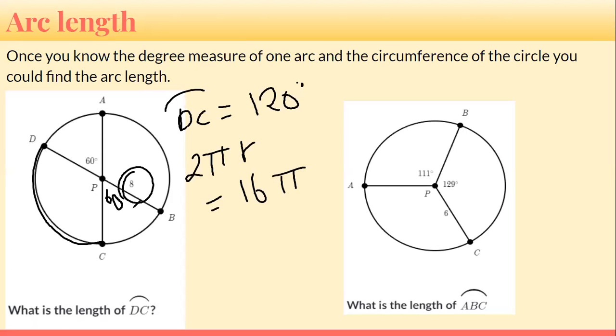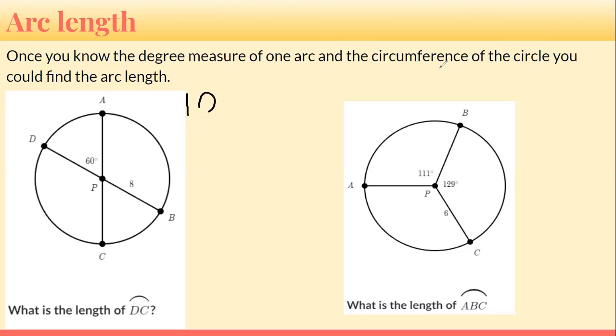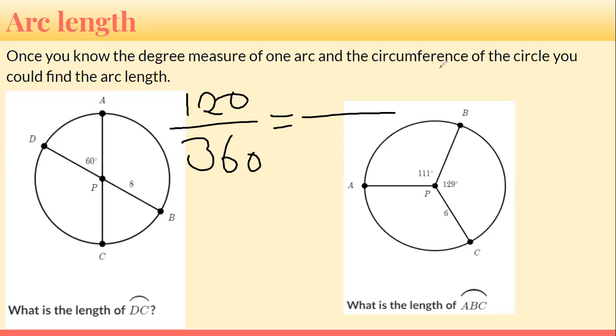Now we set up a proportion. So 120 over 360 is equal to, remember the circumference was 16 pi, and let's call the length of DC x. Now, to calculate x, it's fairly simple.